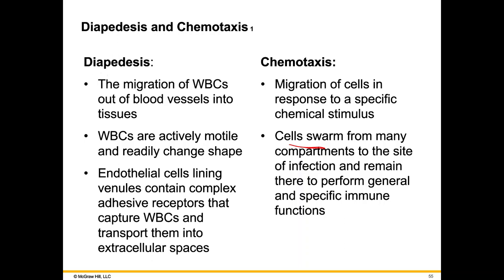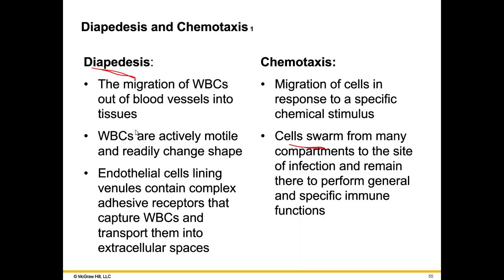Now, another term to be familiar with is diapedesis, not to be confused with diabetes, not the same thing by any means. So diapedesis is when these white blood cells migrate out of blood vessels into tissues. Remember, we talked about how one of the cell types inside of blood that is a white blood cell was called monocytes, and we said that they leave the blood and go on to other areas of the body, and that's when we call them macrophages.